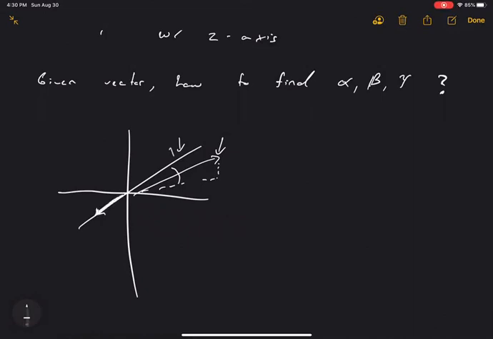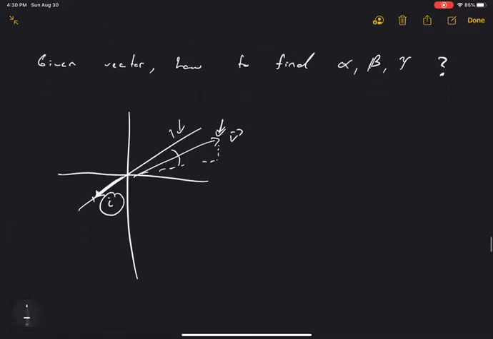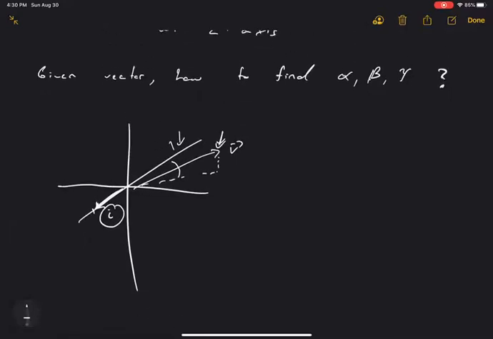I'll do this vector here, which goes out a distance of 1. Remember that we call that i. So if I do the dot product of this vector i with my original vector, let's call it v, that will give me a clue about what the angle between the x-axis and v is.